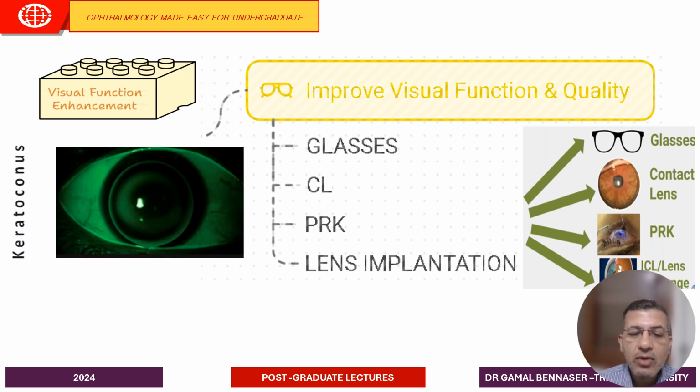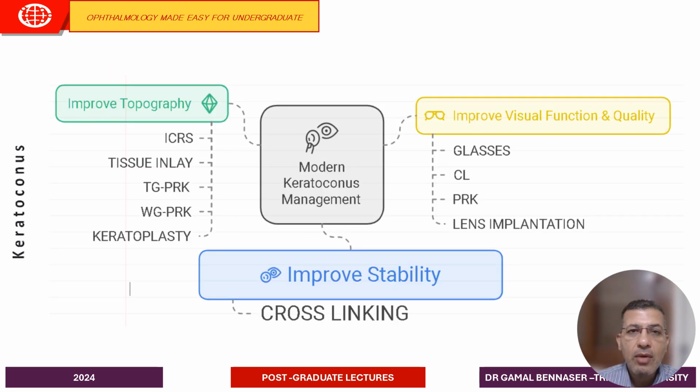Of course, we shouldn't forget the glasses. Still, we sometimes need glasses. Also, we may need to fine tune his vision by the use of PRK or lens implantation for coexistence of myopia.